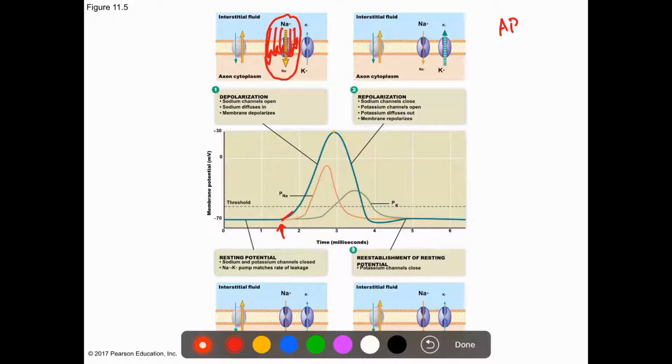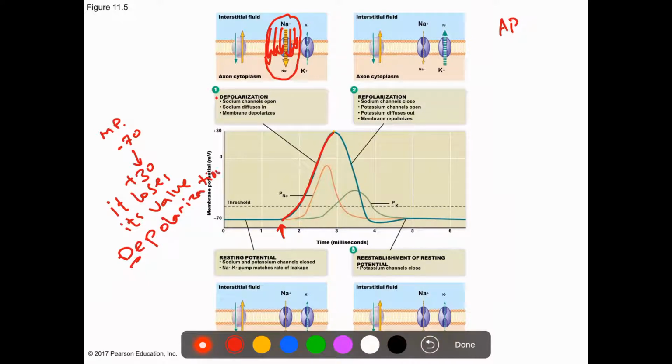This will change the membrane potential toward a more positive value, and that is depolarization. Here the membrane potential would move from minus 70 to plus 30. So during depolarization, we have sodium channels open, sodium diffuses in, and the membrane depolarizes.